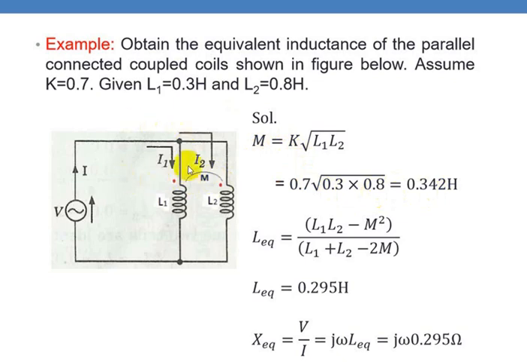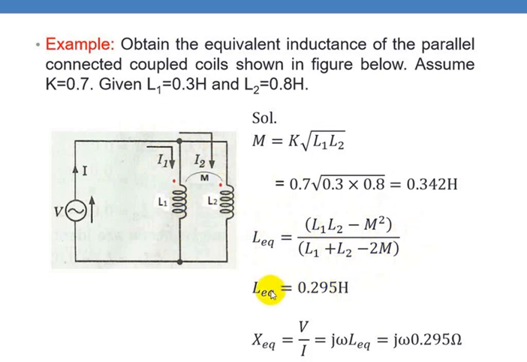Also we know that for this circuit, current I1 and I2 are entering the dotted terminals. So the equivalent inductance of this circuit will be (L1 into L2 minus M square) by (L1 plus L2 minus 2M). This we have already seen in the coupled circuit part 1 video.